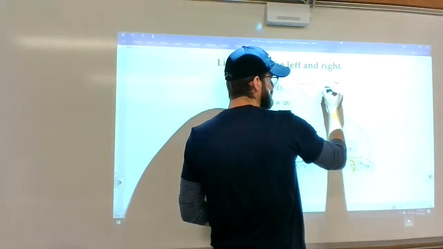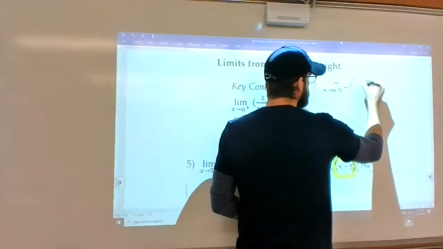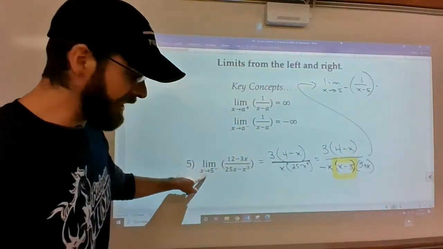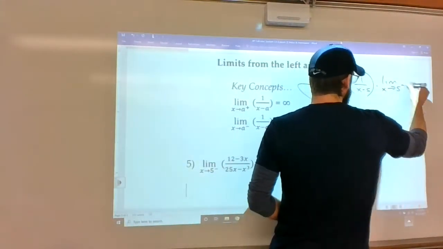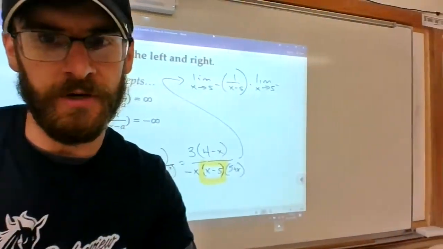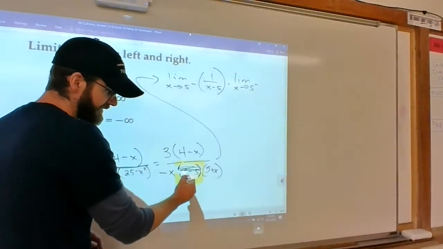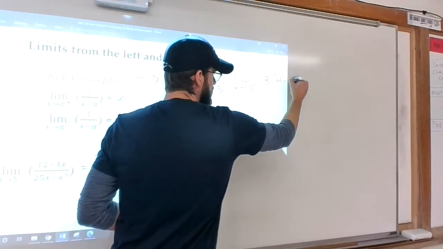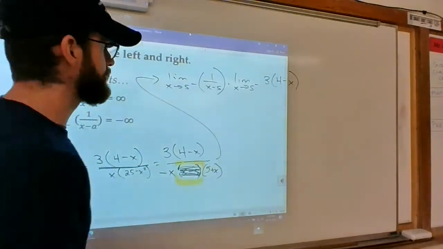It's the limit as x approaches 5 from the left of 1 over x minus 5, multiplied by the limit as x approaches 5 from the left of everything that's not here: 3 times 4 minus x over negative x times 5 plus x.